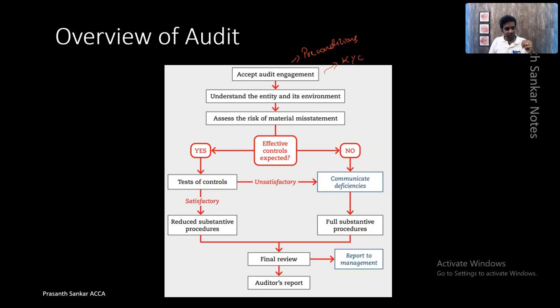And hence, even before accepting the client, the auditor has to ensure that the client itself is good and there is less risk involved, or the risk is moderate, or even if there is high risk, he knows the risk and he navigates through the risk very clearly and properly.